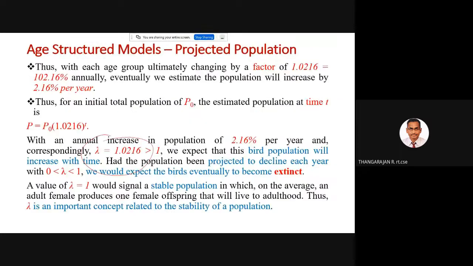In our case, the lambda value was just 1.02, greater than 1. And therefore, the birds will have a healthy population. But if the lambda value is between 0 and 1, the birds, or any other animals, will become extinct.